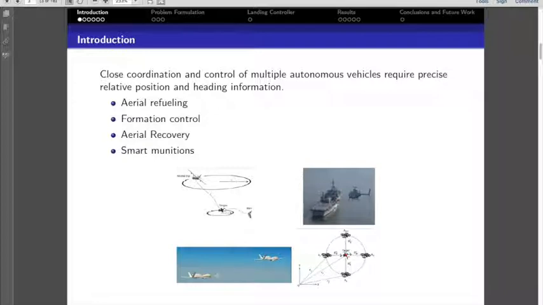This has to be really precise, where the drogue or the fuel hose has to go and attach to the other vehicle, so you actually need really nice, accurate relative position. Another problem of close coordination can be formation control problems. Okay, where again you are working in such close vicinity that you need precise position. So basically these applications show you the need of estimating relative position and orientation.